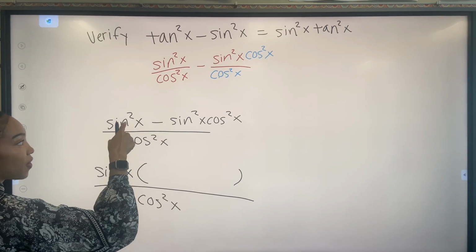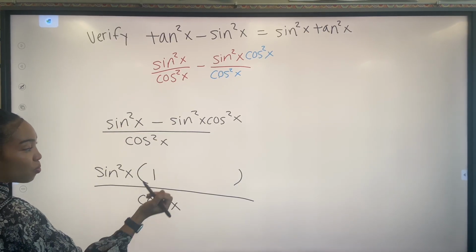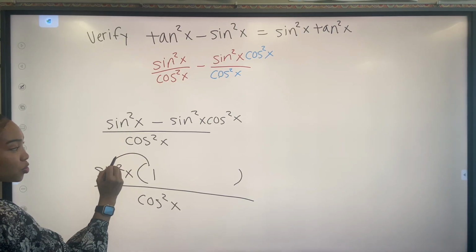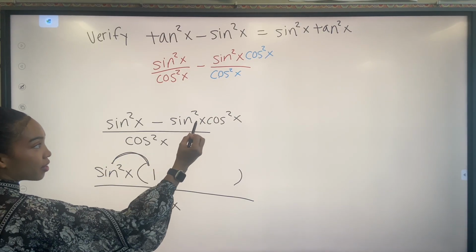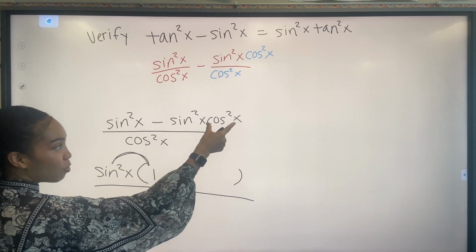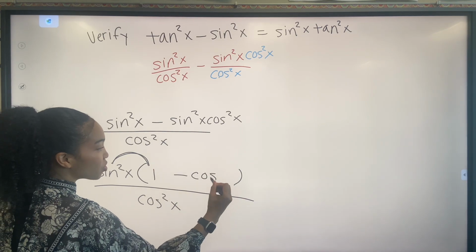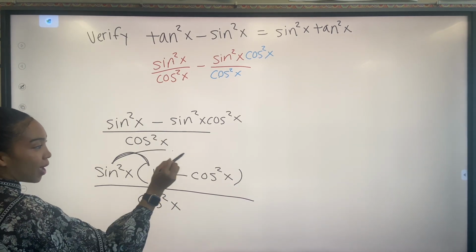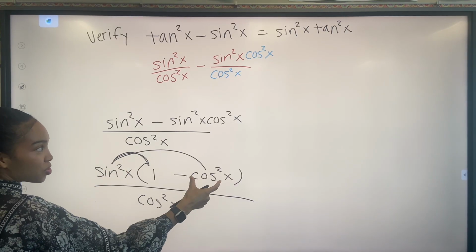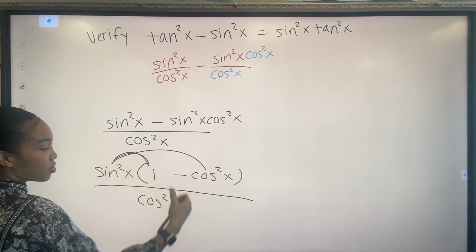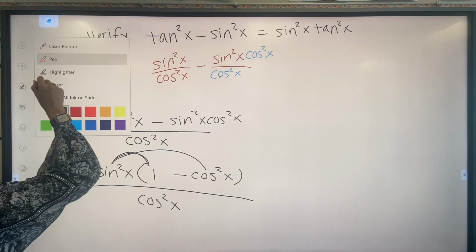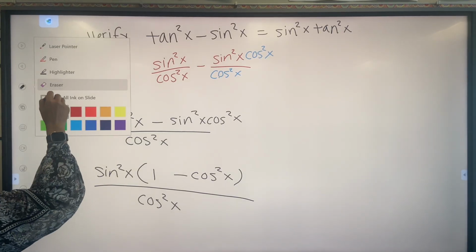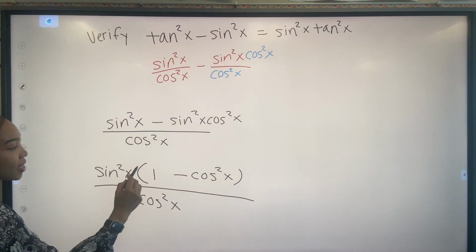Okay, so if I take away this sine squared, I'll be left with 1. And I can easily get back what I started with if I multiply them. Here, if I take away the sine squared, I'm only left with the cosine squared. I just brought the minus sign down. And if you multiply it back in, sine squared times cosine squared is sine squared times cosine squared. Okay? So you should always be able to get back where you started. Now here, you need to recognize the identity.